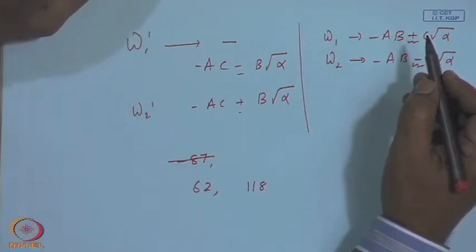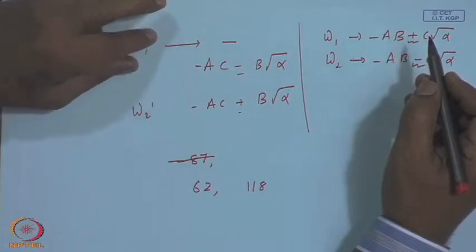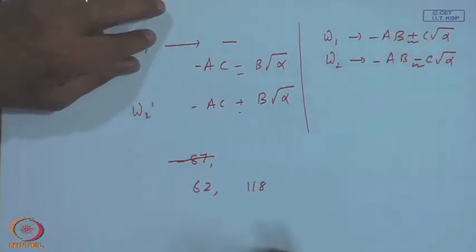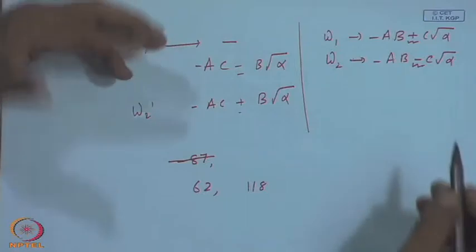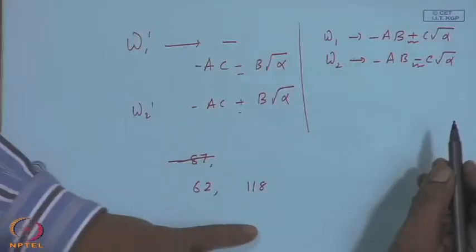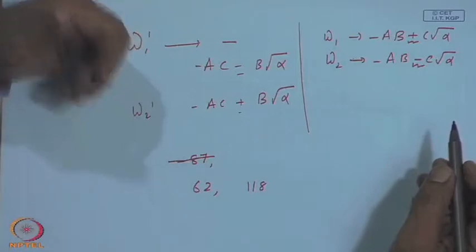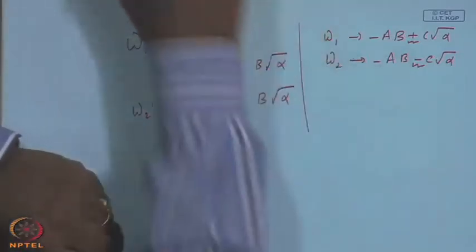So, I will have 62 and 118, or of course, if it is minus 62, minus 118, similarly for 87 or whatever the numbers. So, now my ambiguity lies in magnitude, whether I should pick up the 62 for omega 2 or 118, similarly for omega 1 dashed also.